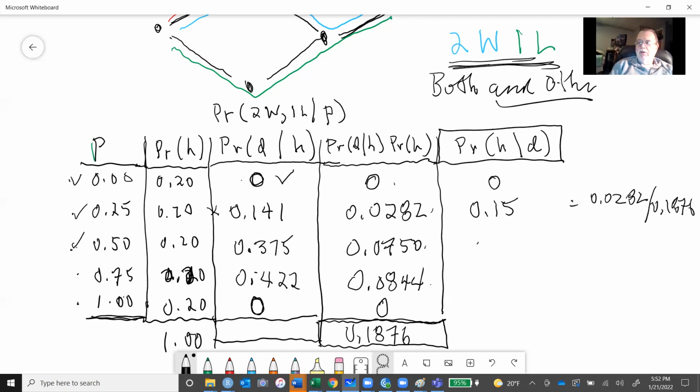You come up with almost exactly, there's some rounding here, but it's exactly to 2 decimal places, this number, 40%. Take 0.0844 and divide it by 0.1876. Yes, yes, yes, you know what the answer is. 45%, just like last time.